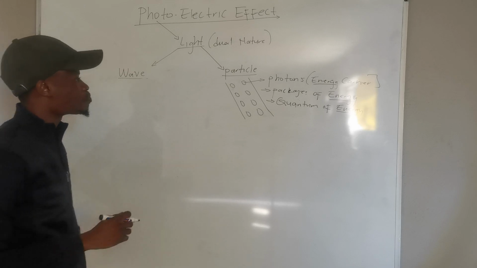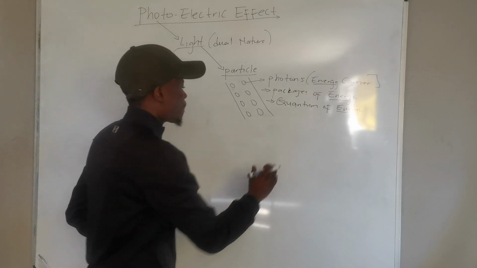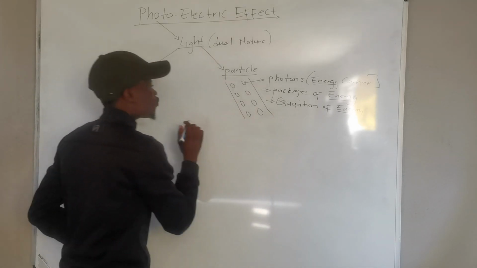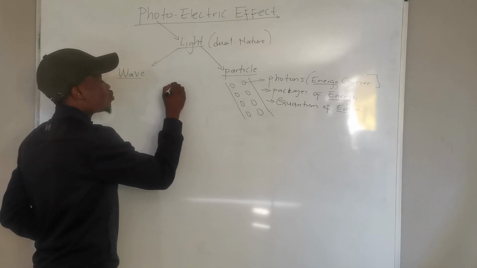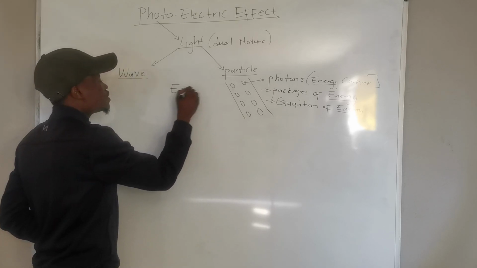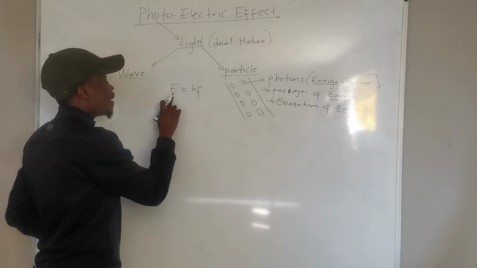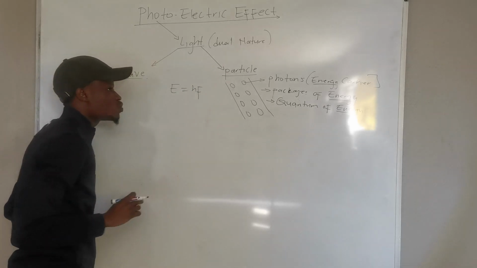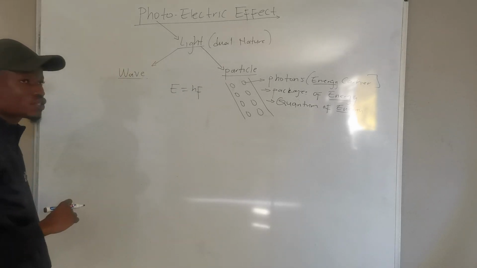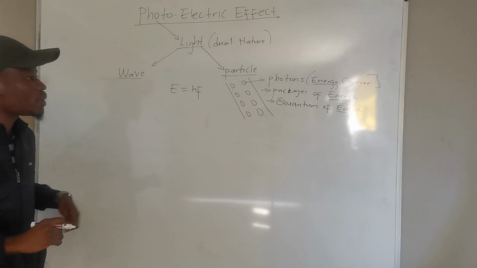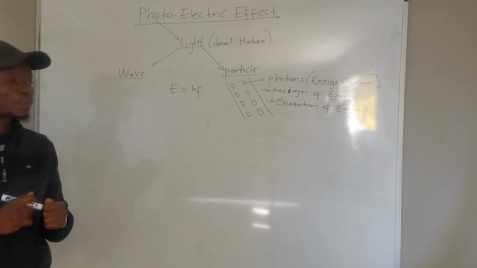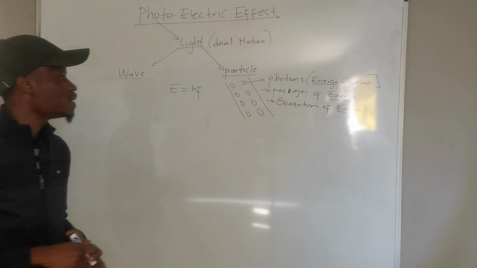Now, the energy of a photon can be calculated by Einstein's equation: the energy of a photon is equal to the Planck constant multiplied by the frequency. The Planck constant multiplied by what?